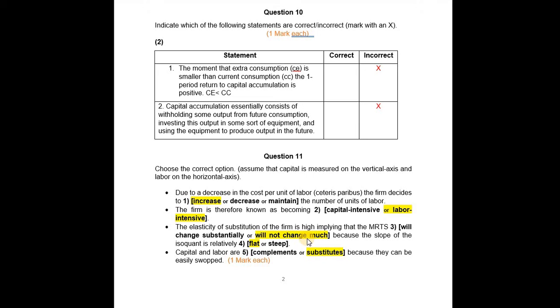So the slope will not change much because these are substitute inputs or substitute factors. So this statement will say it will not change much. And then, because the slope of the isoquant is relatively flat, it will not change that much. It will change, but not that much.